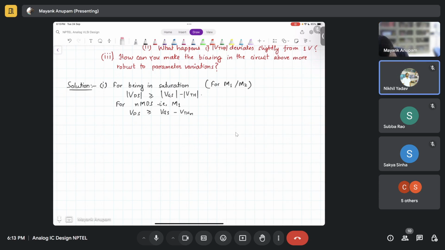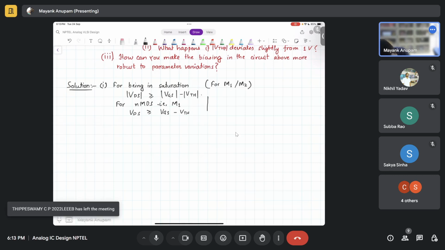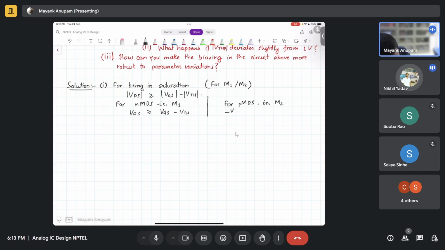Am I correct or not? Yes. And for pMOS, how will it look like? This will be minus VDS greater than minus VGS minus VTHP, right? Fine.